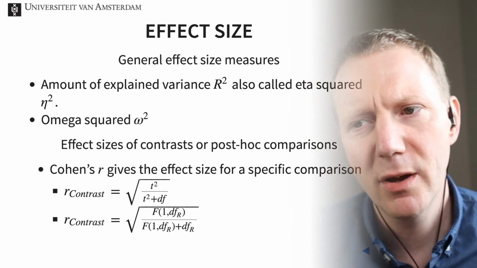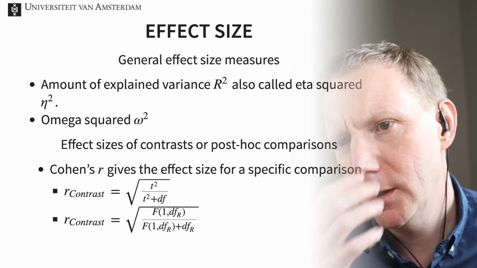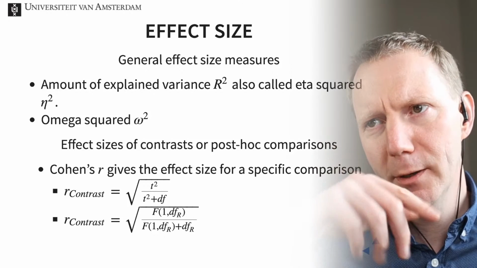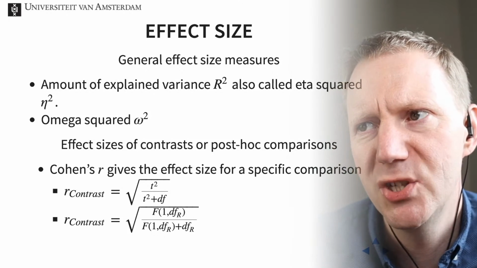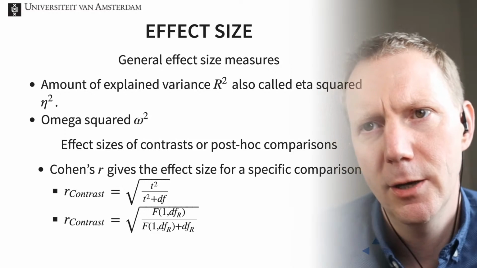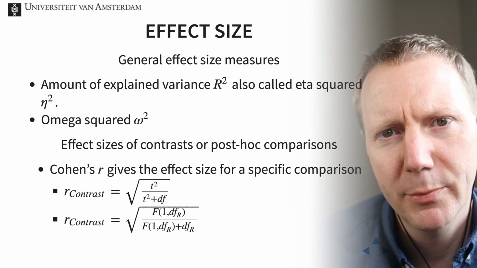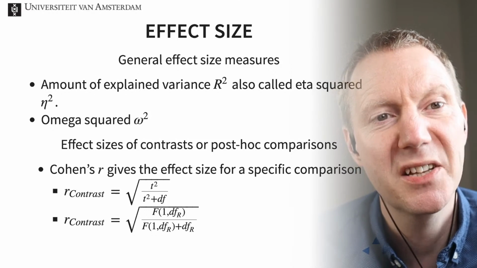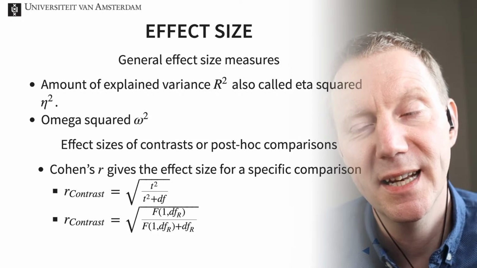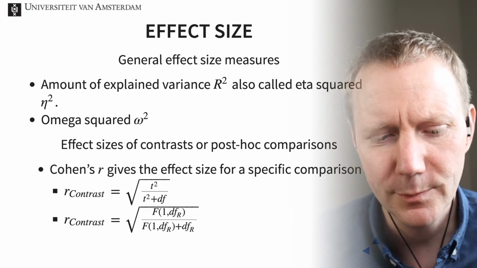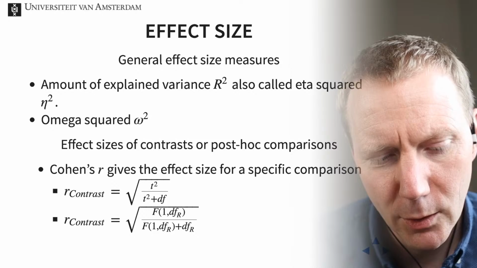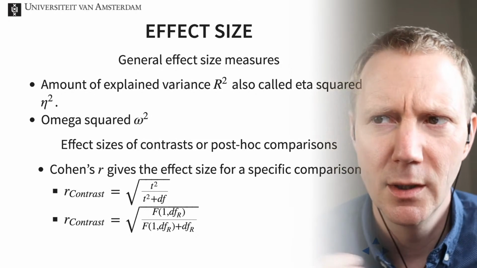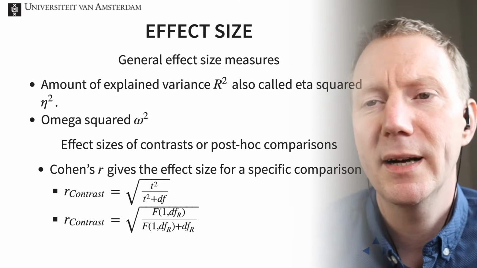Essentially the same thing holds that we had in our previous analysis, where you can look at some general effect size measures. R squared represents the total percentage of variation that is explained by the entire model, which is useful, but it's not telling you where the differences are.